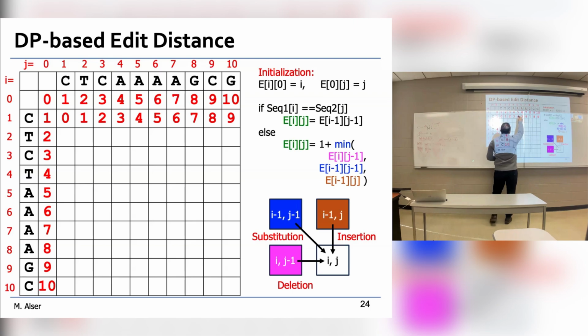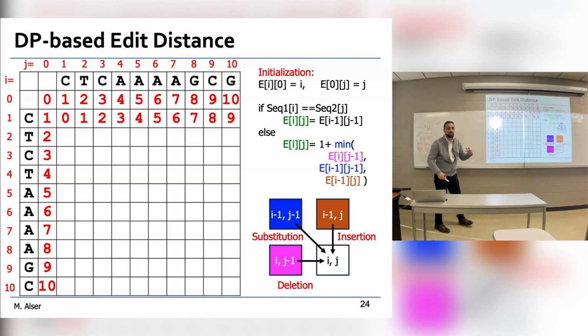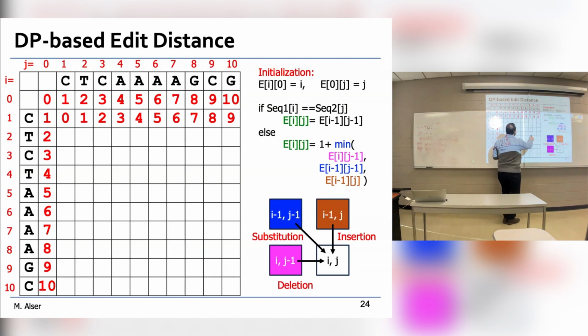So I'm going to consider this value, this, and this, right? So 1 plus the minimum of 3, 4, 5, right? What is the minimum of this? 3, and 1 plus 3 equal 4. Let's see if it is 4. Yes. Okay. And we continue doing that for the entire row.